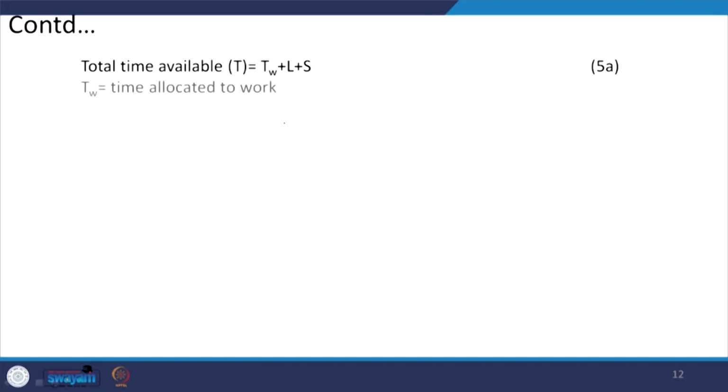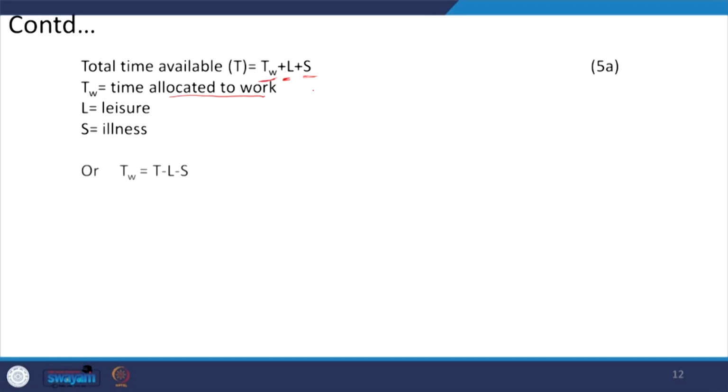His time availability depends on the time allocated towards work, which is reflected as TW, how many hours he is spending towards leisure, L, and the third component of his total available time, which is the number of hours a day a person is falling sick. That is why he is not actually available for work.